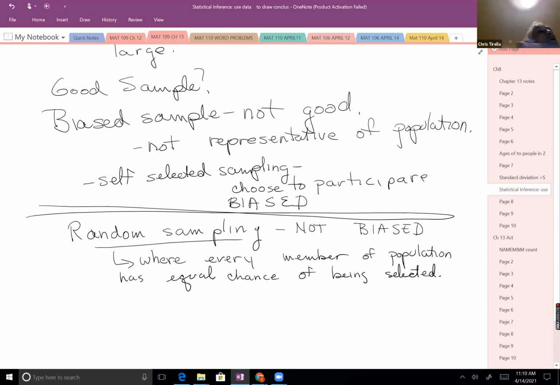And I want this to be so that every student has an equal chance of being selected.